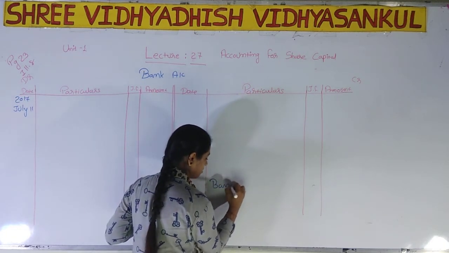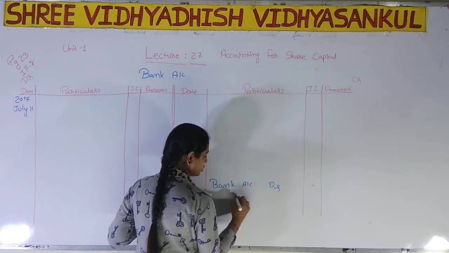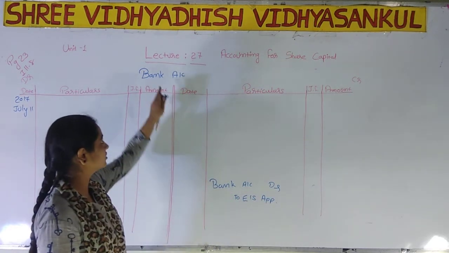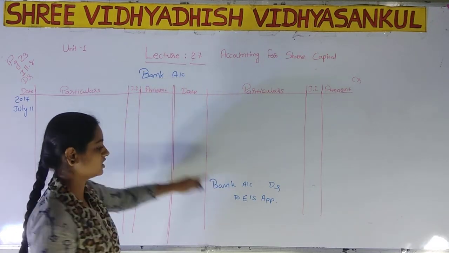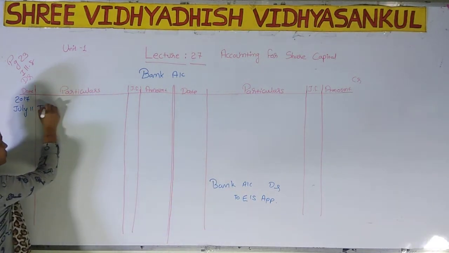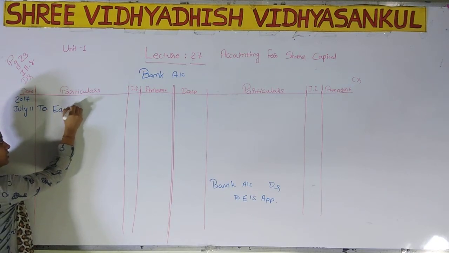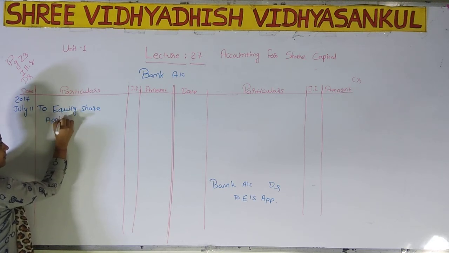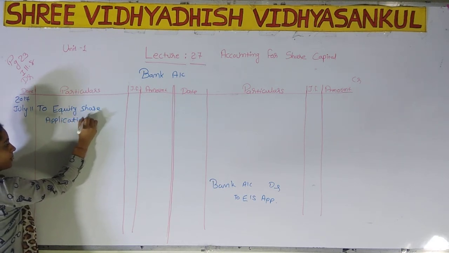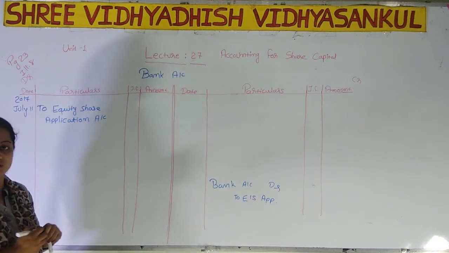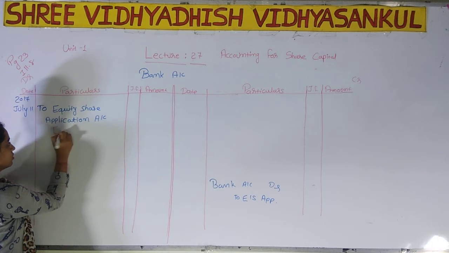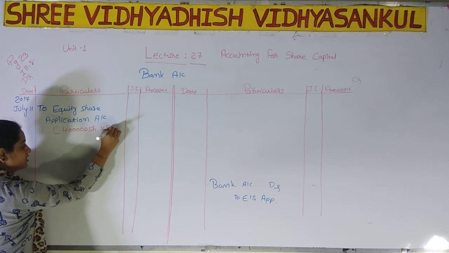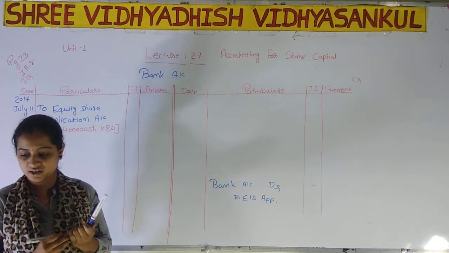See, if we were writing journal entries, then what will be the journal entry? The journal entry will be bank account debit to equity share application account, right? So here we have to write in bank account on debit side the name of credit, to equity share application account, and the amount which we have received is 4 lakh shares into we have demanded total 84 rupees, right?